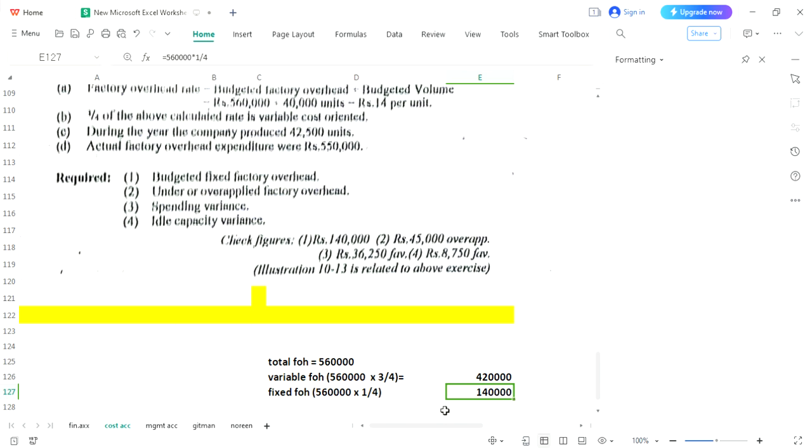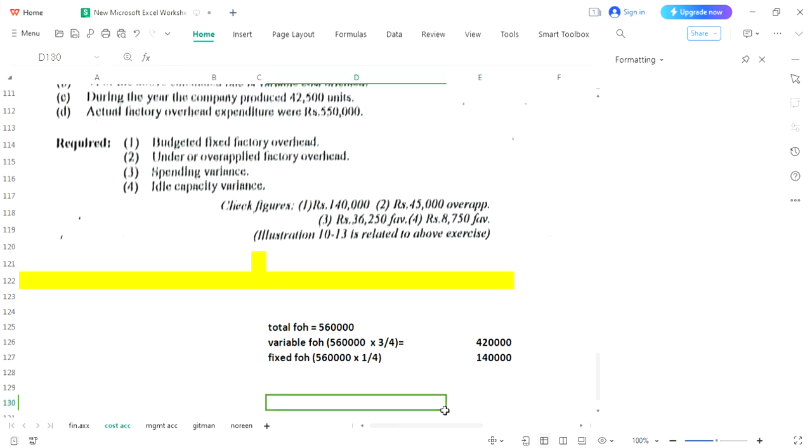Now here an additional understanding I want to clarify, how this 1 by 4 has arrived. Look, whenever there is a fractional amount, that means something is written on numerator and something is written on denominator, how you will calculate the remaining amount? Please keep it in your mind, the sum of all fractional amounts is always 1.